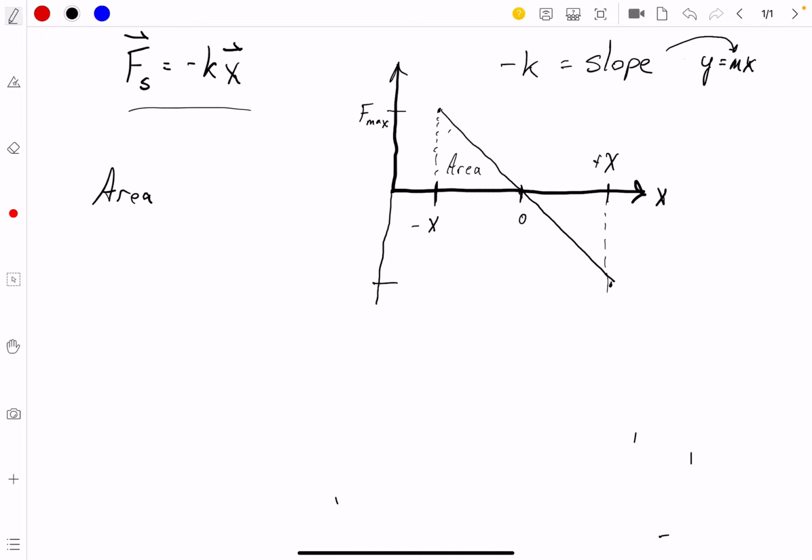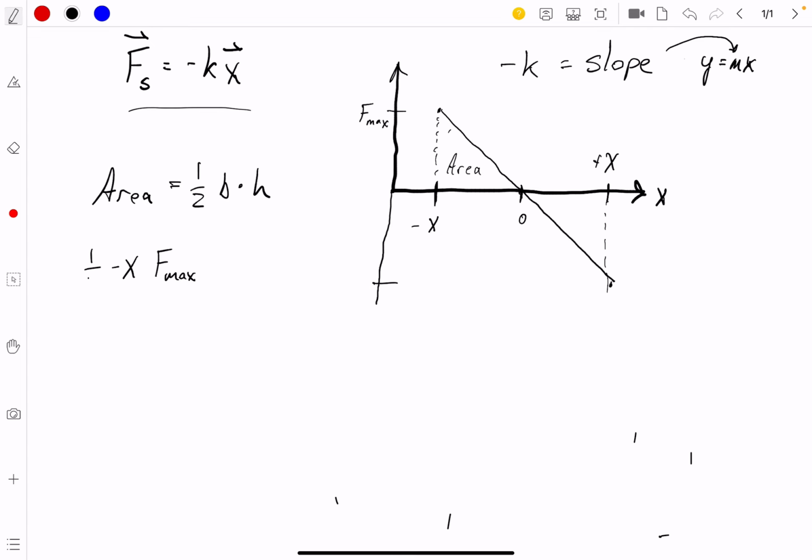But our area is equal to 1/2 the base times the height. I don't like using the x for times, so we're just going to do 1/2 base times height. We know what the base is. The base is x or minus x. And our height is our F max.